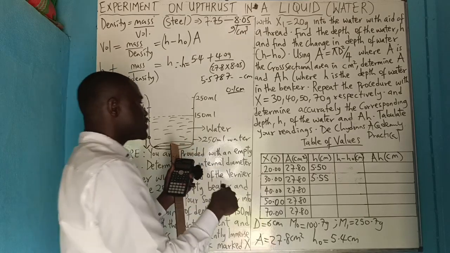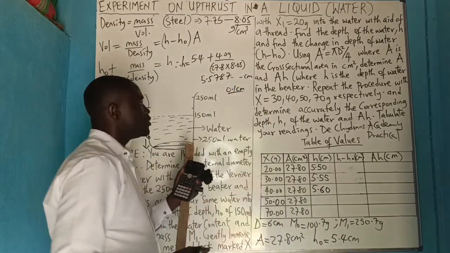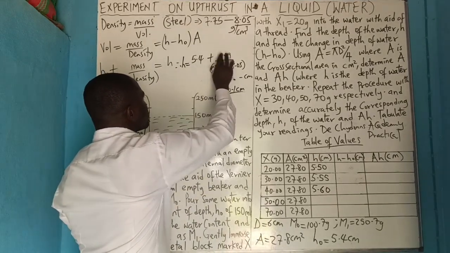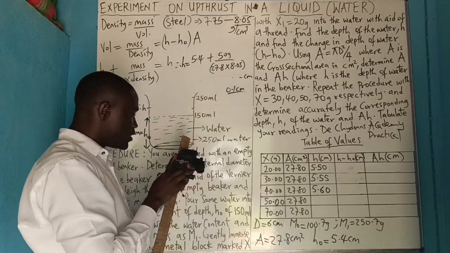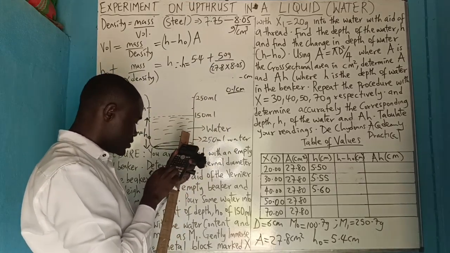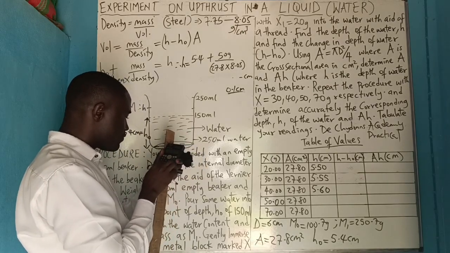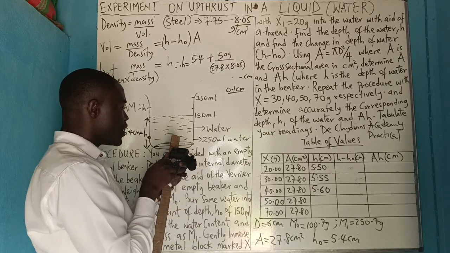We approximate it to 5.6. Then we go again. We change it to 50. We say 50 divided by bracket 27.8 times 8.05.